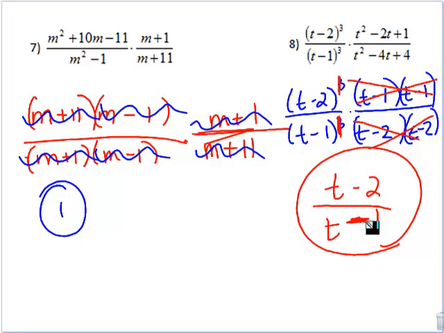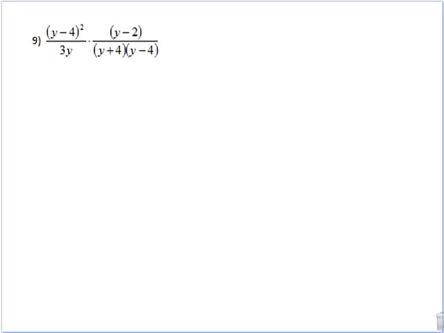Is that one okay? I think we've got one more left with a little bit more factoring than what we have been seeing. Oh, never mind, not as much factoring. Number 9, y minus 4 squared all over 3y, times y minus 2 over y plus 4 times y minus 4.